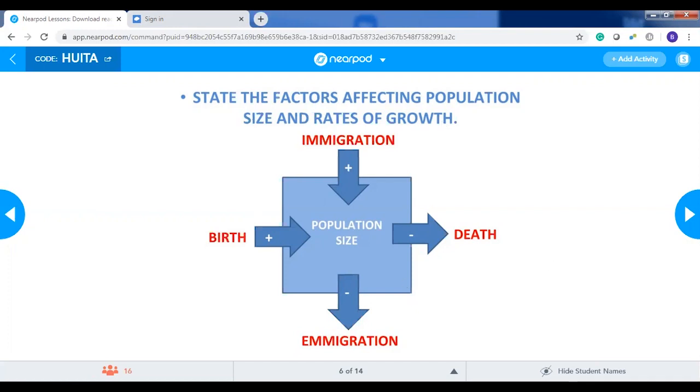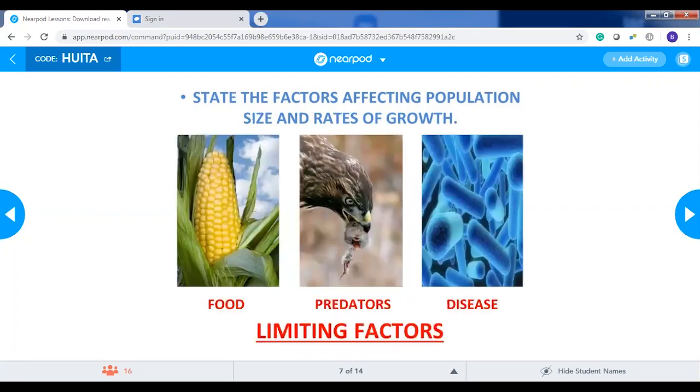Some other factors that are limiting factors for the population growth can be biotic or abiotic factors. It can be food, predators, and disease. Now, the food supply is an important factor for a population. If the population increases too much in number, then the food supply becomes a main factor which will limit the population growth.